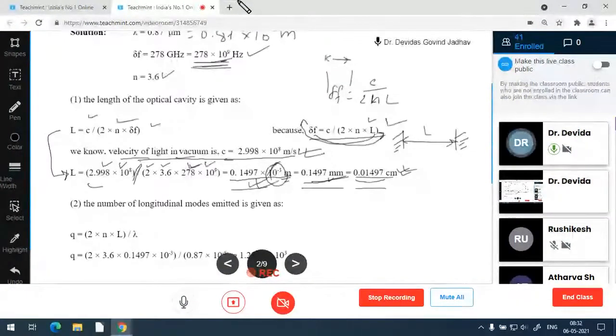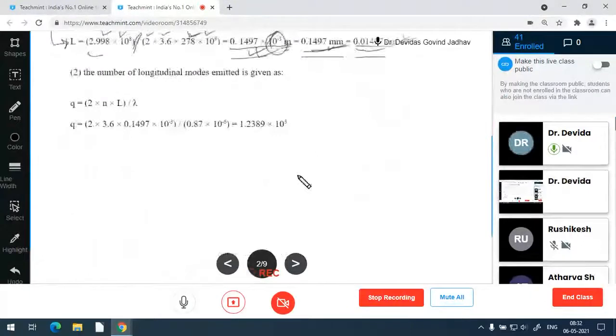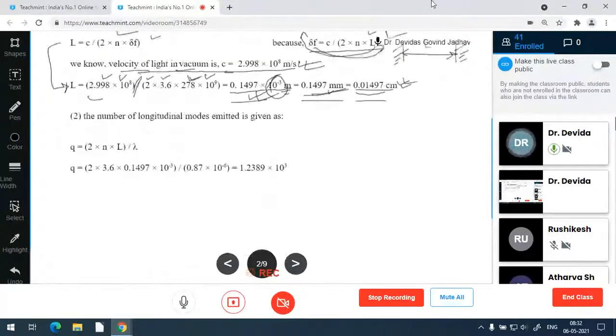The number of longitudinal modes, Q, we can calculate. We can calculate it using the formula again, because we know L is equal to Q lambda upon 2N.